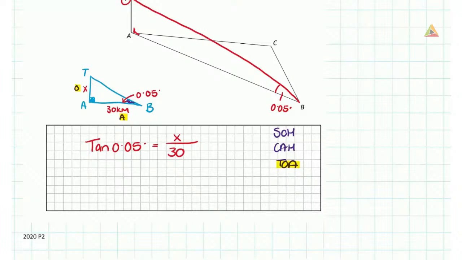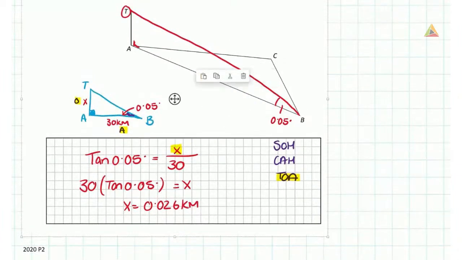Okay, and you're just going to solve that equation. X is what you're looking for. The 30 is dividing by it, so it's in the way. So we're going to multiply both sides by 30, and that will give me 30 times the tan of 0.05 degrees gives me X. Throwing that straight into your calculator, you're getting 0.026, but remember, those are kilometers.